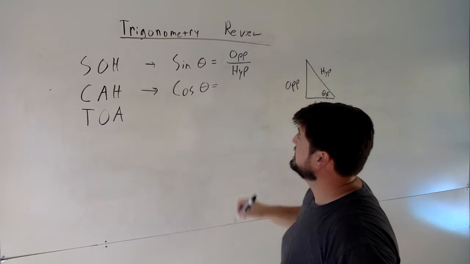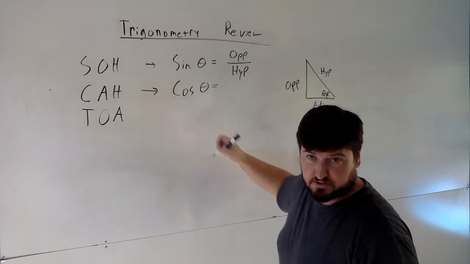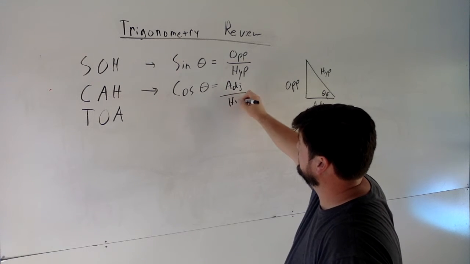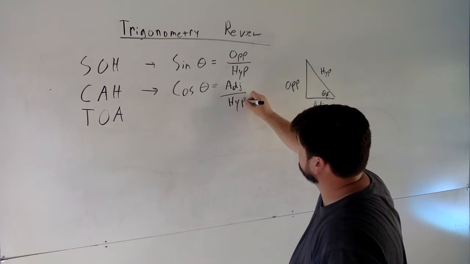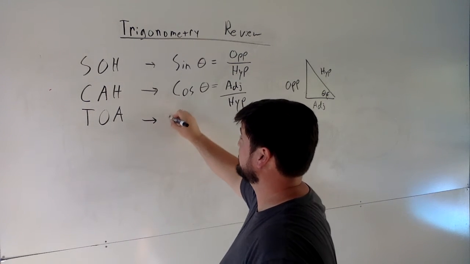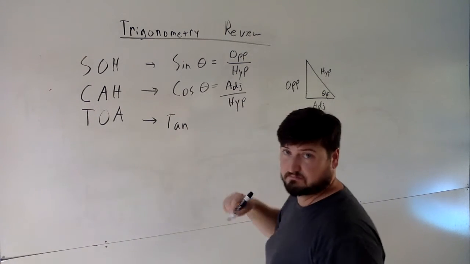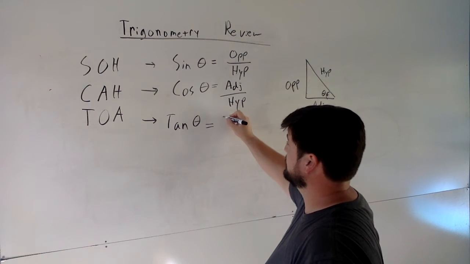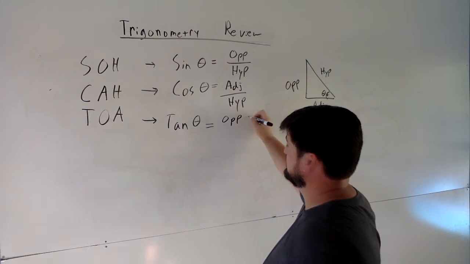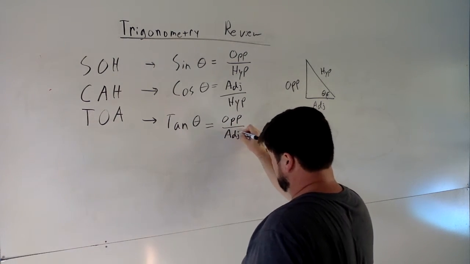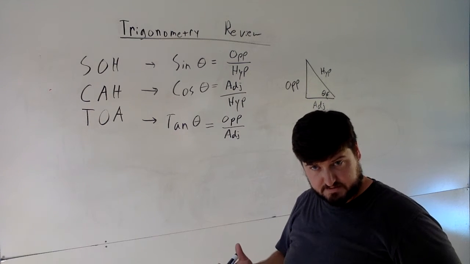Cosine of your angle is equal to adjacent over your hypotenuse. Okay. What is TOA? The T in that stands for tangent, or tan. Tangent of your angle is equal to the opposite side divided by your adjacent side.